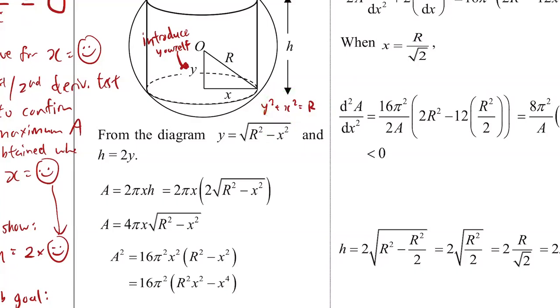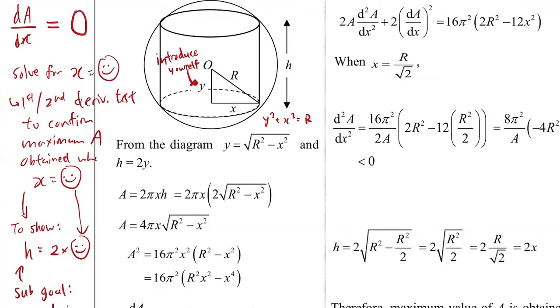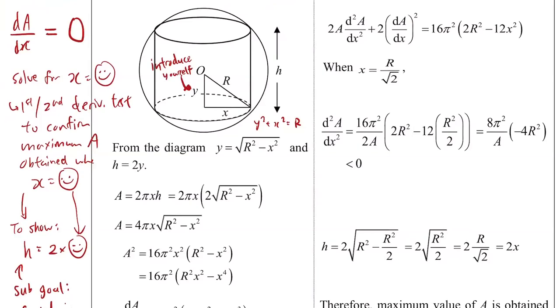Okay, good. Then now what do we have? h is equal to 2y. Actually, is that accurate? Yeah, h is equal to 2y in this case, since we already know that the height will be twice the radius for the maximum.